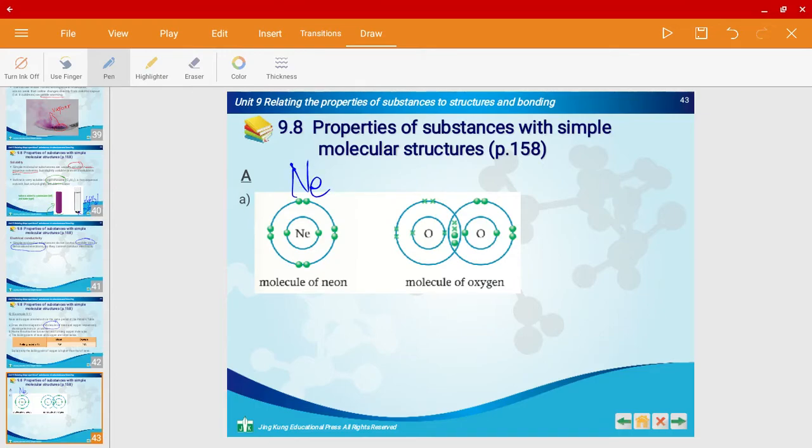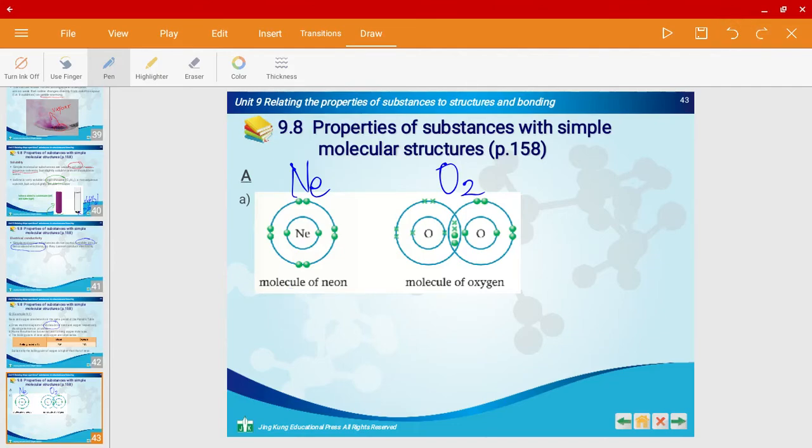However, the oxygen molecule is O2. Now, why isn't it Ne2? Or why isn't it O only? The reason is that Ne by itself has 8 outermost shell electrons, so it has a stable configuration. So we will not add anything else.